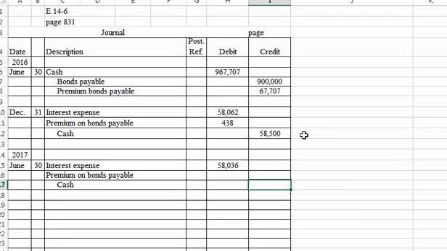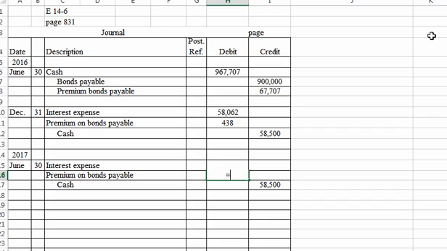Okay, then our credit to cash. Well, it's going to be the same thing every time, you guys. But let's do it. So our face amount, $900,000, times the stated rate for 6 months. Well, the stated rate for a year is 13%. For 6 months is 6.5%. $58,500 again, just like here. The amount of cash paid to the bondholders will be the same every 6 months.